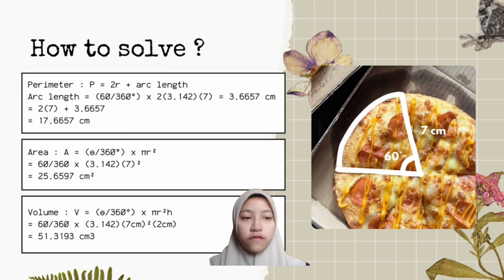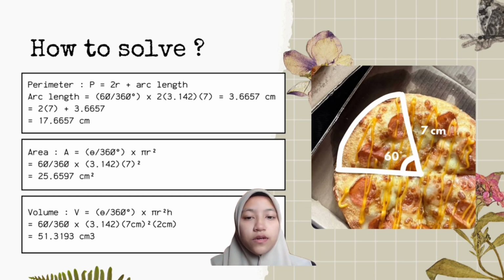So, how to solve? In this picture, the radius given is 7 and theta given is 60 degrees. First, we find the perimeter. Use the formula. We find the arc length first. 60 degrees over 360 degrees times 2 times pi, which is 3.142, times 7 will be 7.3constant.